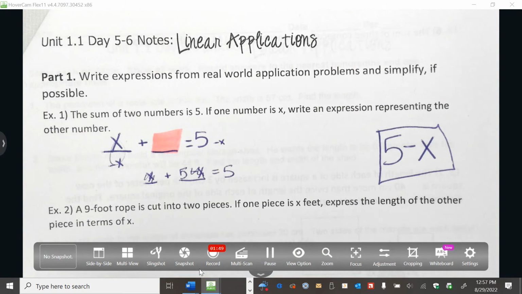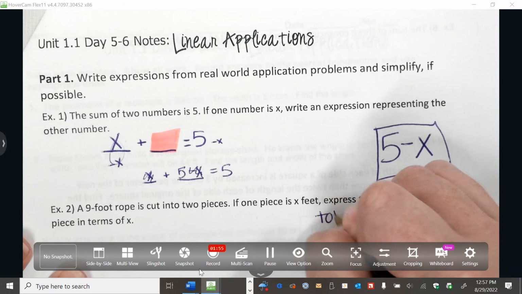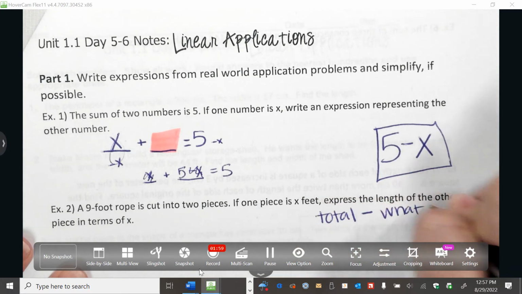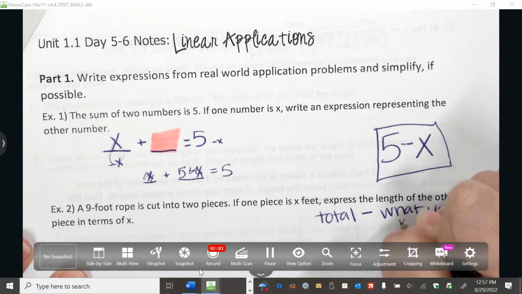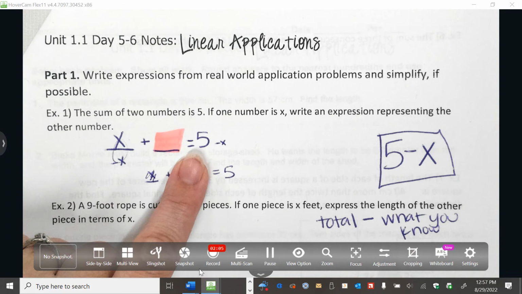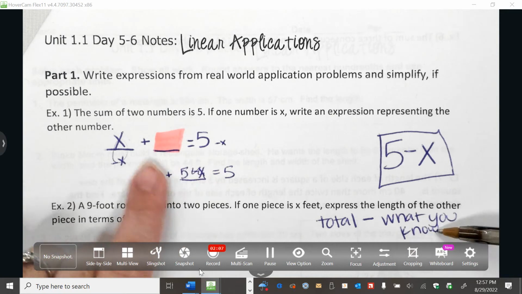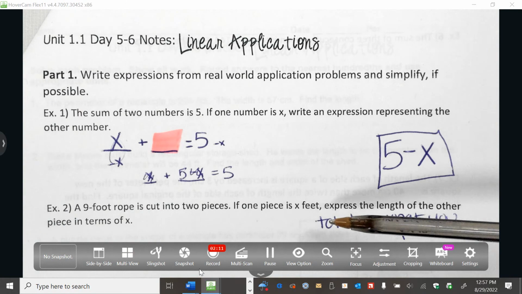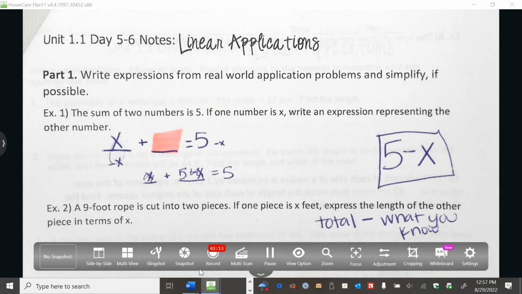Therefore, did we do it correctly? Yes. So anytime you're finding the remainder, you just take your total minus what you know. Well, our total was 5, subtracted from what we knew is x. Does that make sense?